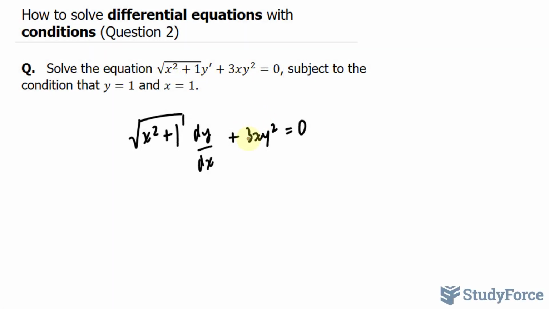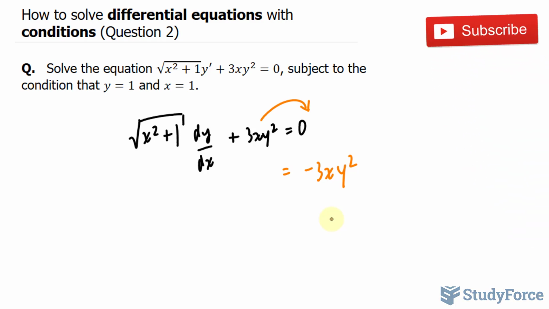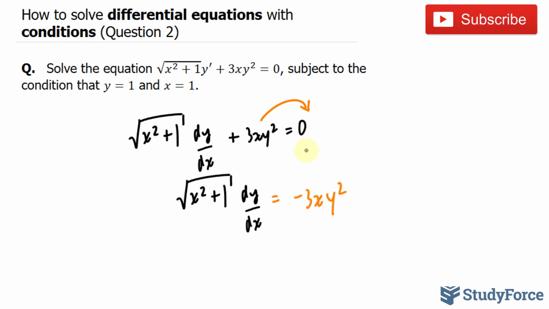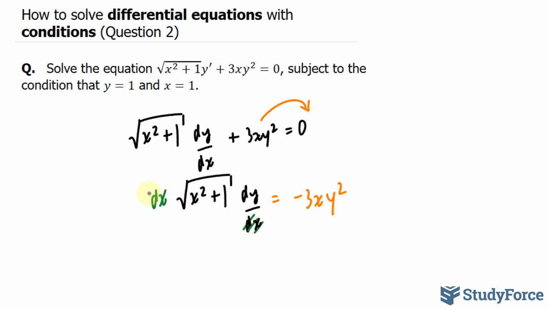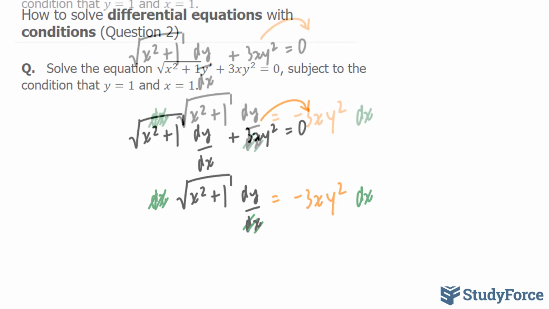So here we go. We'll take this term over, and that makes it negative 3xy to the power of 2, and the left side stays exactly the way it is. Next, what I'll do is multiply both sides by dx. So if I multiply the left side by dx, this will cancel out with this dx, and on the right side we have dx.